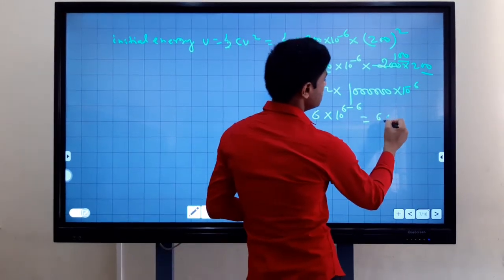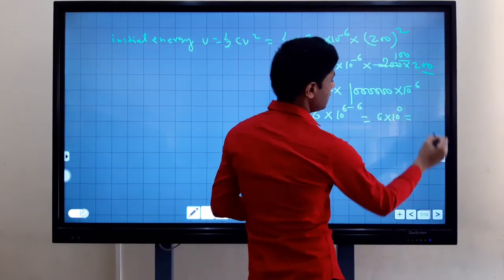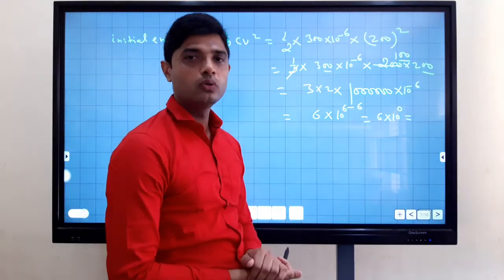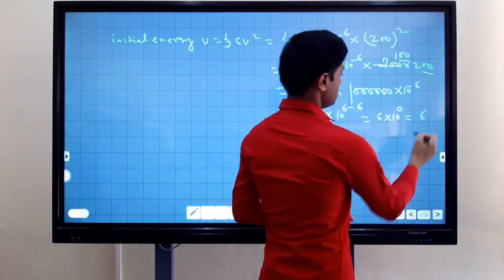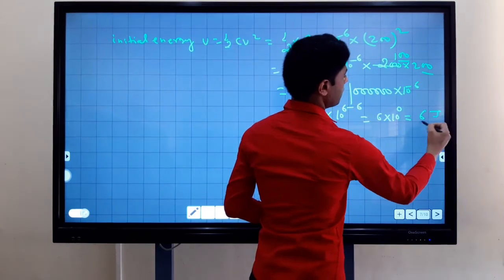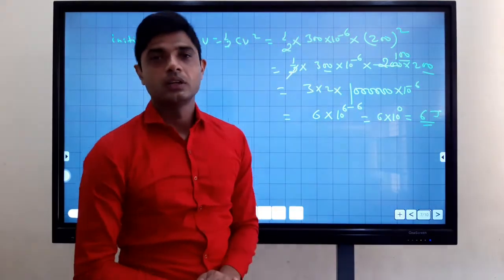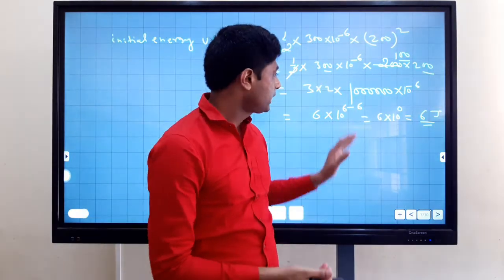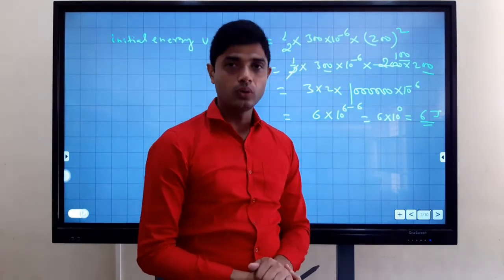It means 6 into 10 to the power 0, and as you know, 10 to the power 0 equals 1. It means 6 joule. The initial energy stored in the capacitor is 6 joule.